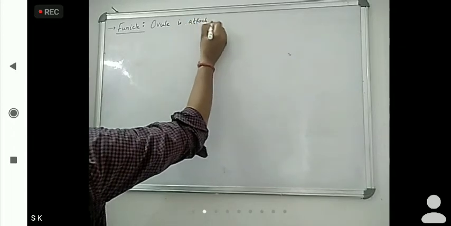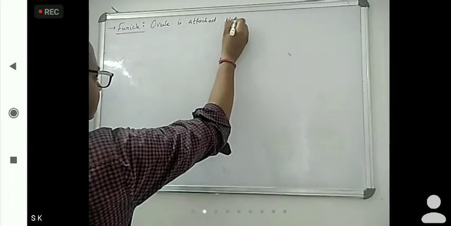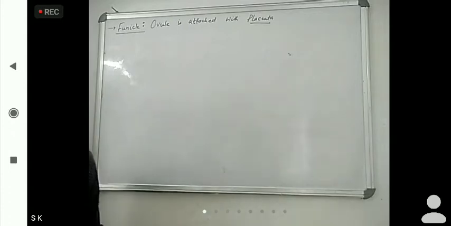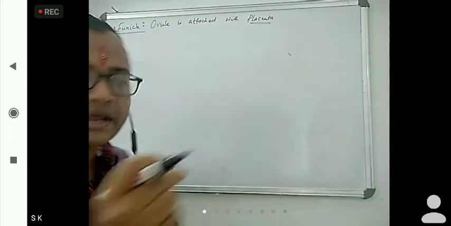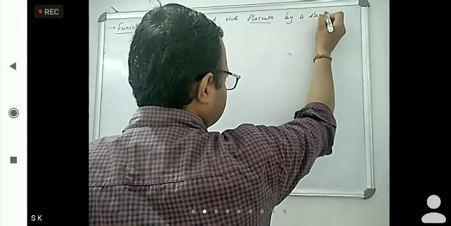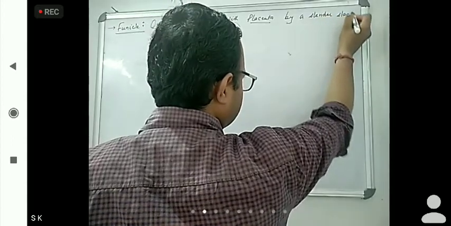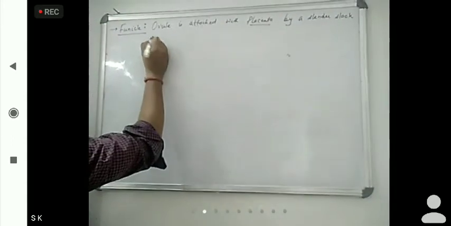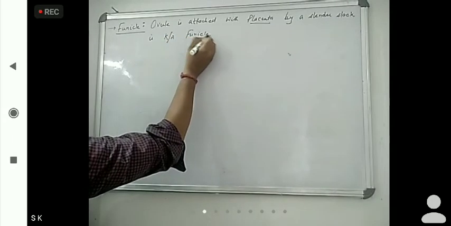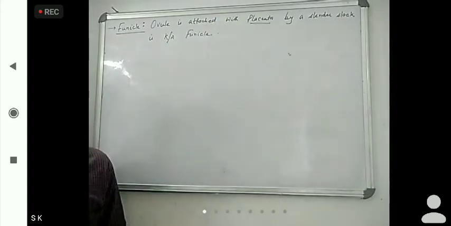Ovule is attached with placenta by a slender stalk, known as funicle.